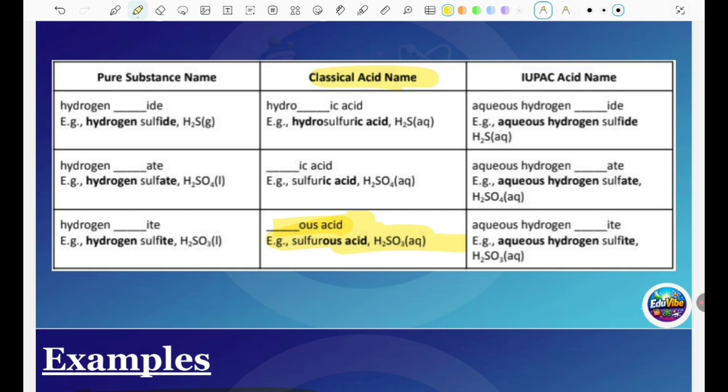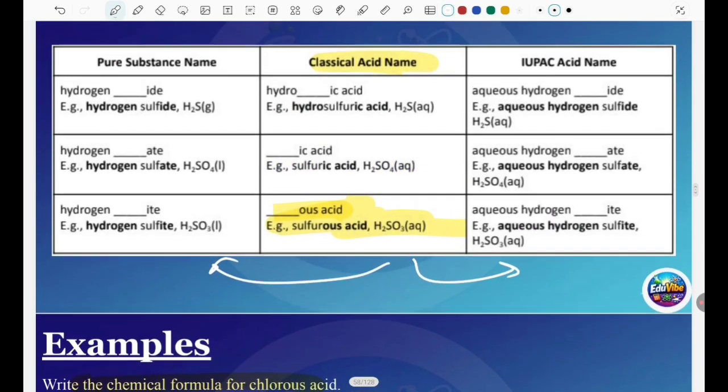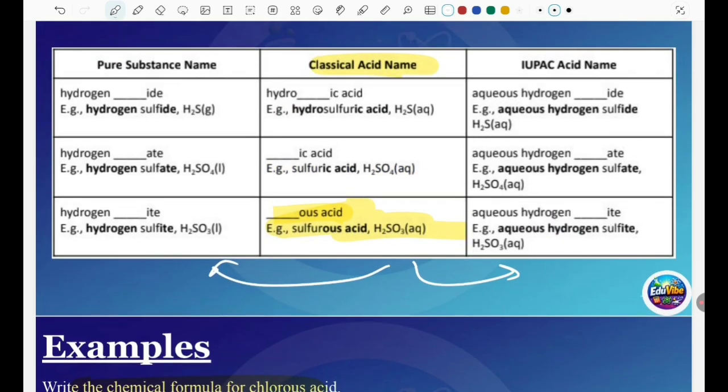In this, you can go either way to make the chemical formula. In the first way you write the hydrogen first, but in the aqueous name, you always write the aqueous first. They are related to each other.